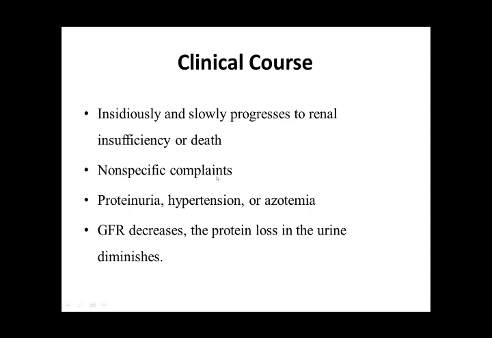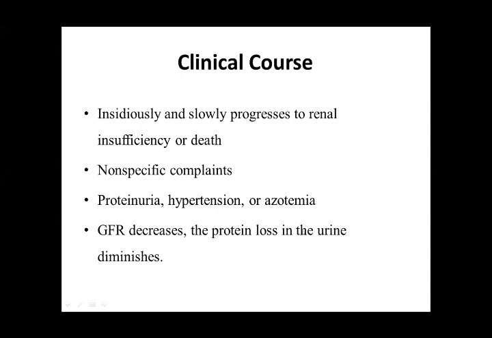Non-specific complaints, proteinuria, hypertension or azotemia. As GFR decreases, protein loss in the urine diminishes because there is decreased glomerular filtration if there is oliguria and very little urine is passing. So of course the protein loss is less than that in the nephrotic syndrome.